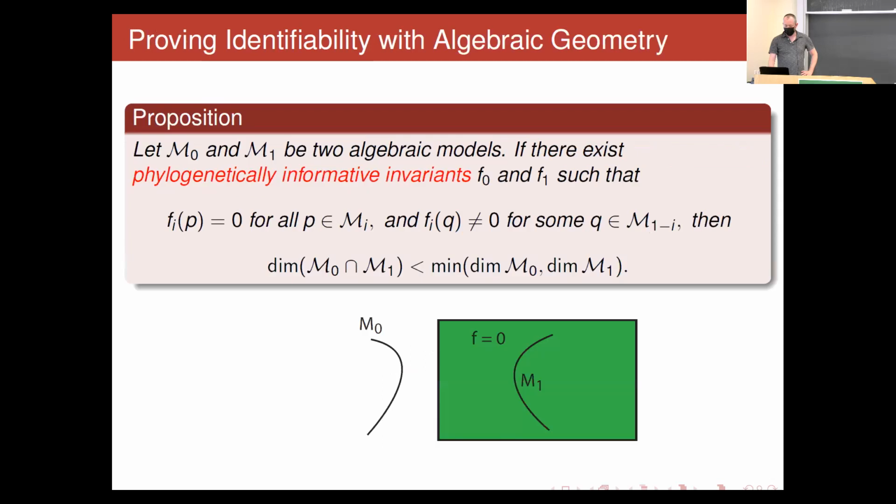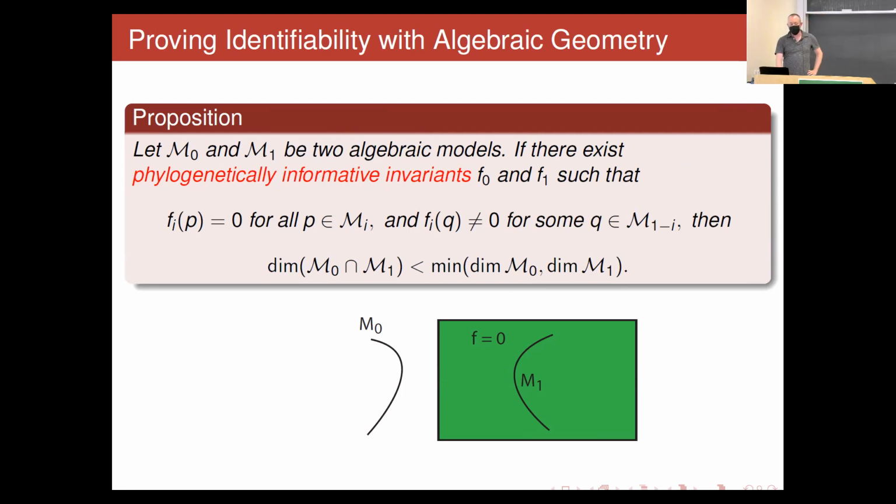Okay, so how do we use algebraic geometry to figure out whether or not the tree parameters of a model are identifiable? It's based on the phylogenetically informative invariants. Remember, those are ones that evaluate to 0 for one tree, and don't evaluate to 0 at every probability distribution in another tree.